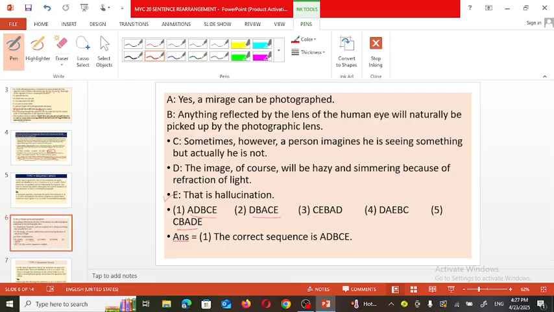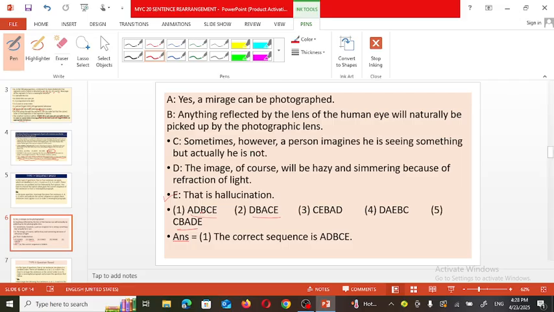Yes, a marriage can be photographed. If we go with this first option, then after A immediately D is given: the image, of course, will be hazy and shimmering because of the reflection of light. After that, B statement: anything reflected by the lens of the human eye will naturally be picked up by the photographic lens.